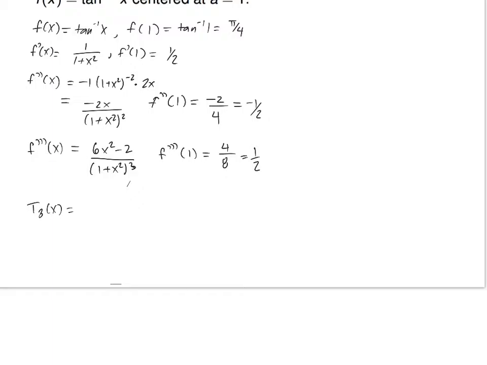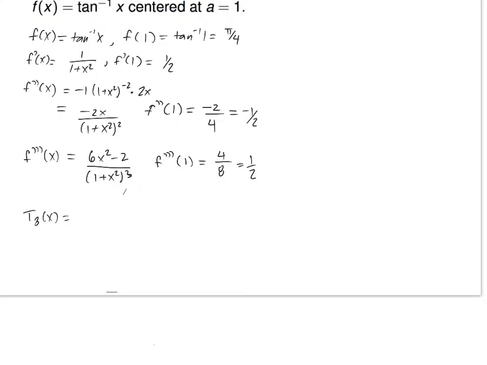Okay. So this is equal to f of 1 plus, then what comes next? F prime of 1, yep, and that would be technically over 1 factorial, but 1 factorial is just 1, so no big deal, right?